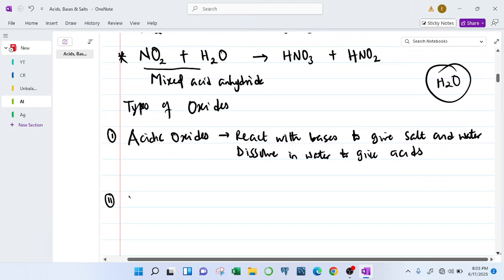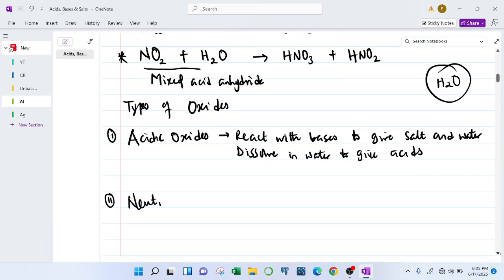The next one is neutral oxides. As the name literally says, they are neutral. They are neither acidic nor basic. So what does that mean?